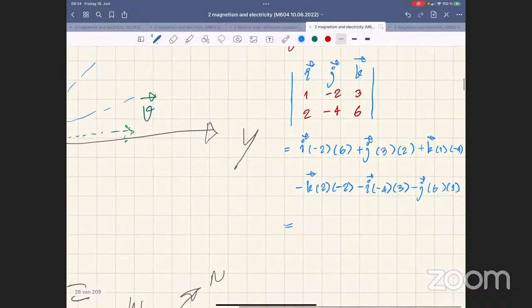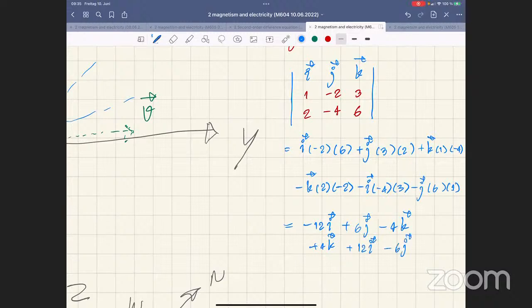Here you will get minus 12i plus 6j and minus 4k, and here you get plus 4k and plus 12i and minus 6j.